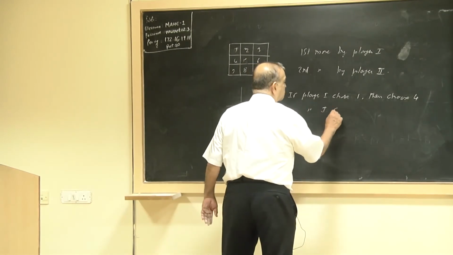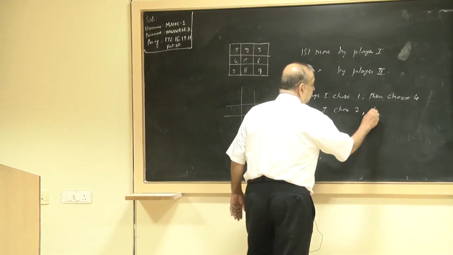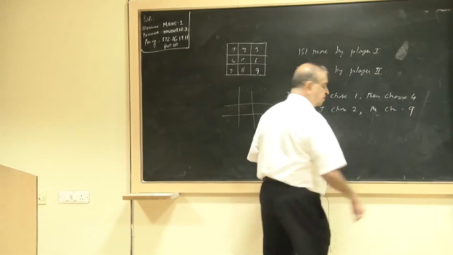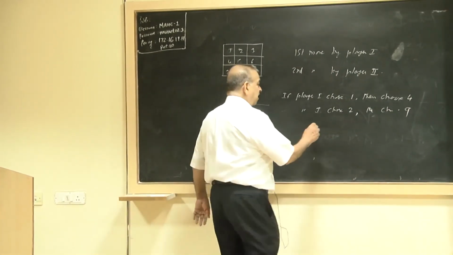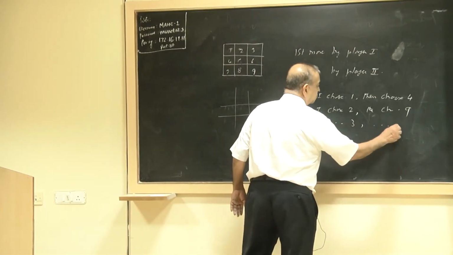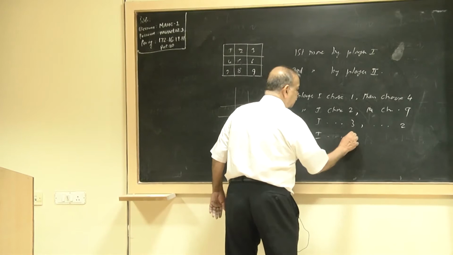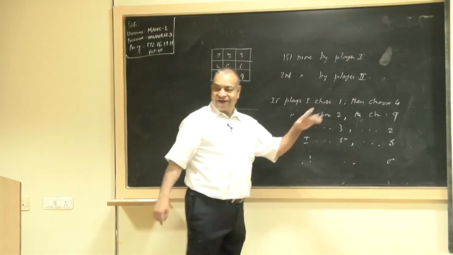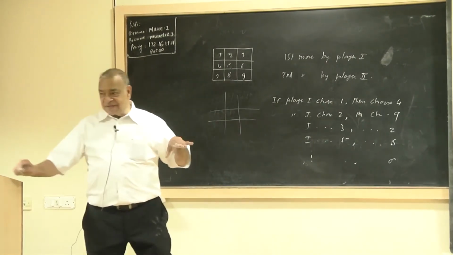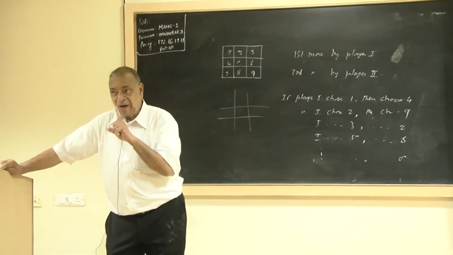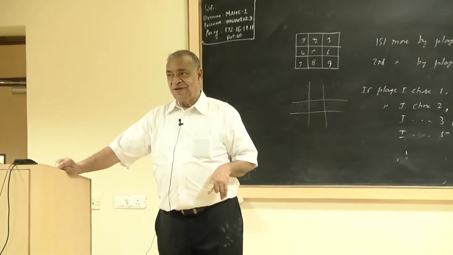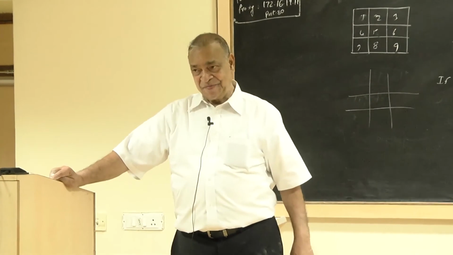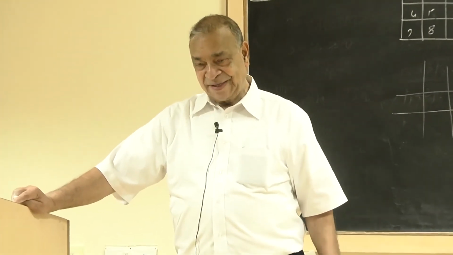If player 1 chose 2, then choose 9. If player 1 chose 3, choose 2. If player 1 chose 5, choose 6, 8, something like that. This is a complete instruction for the very first move of player 2. This is not even a strategy for the whole game.